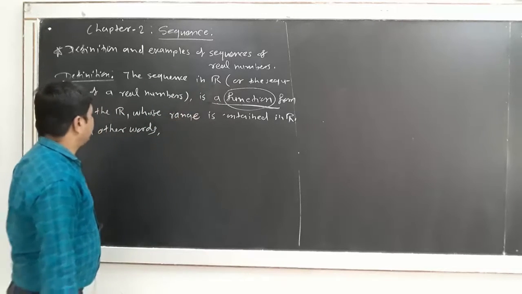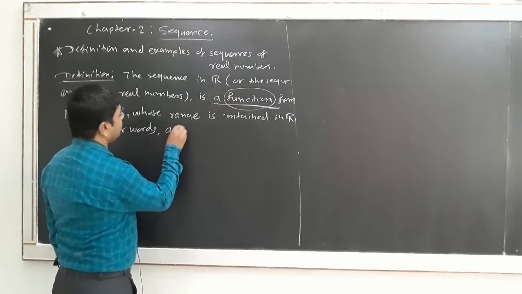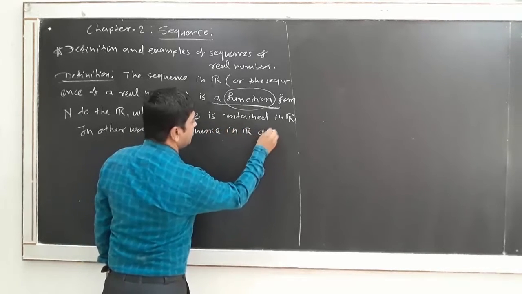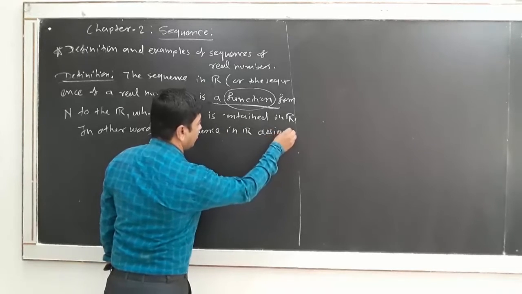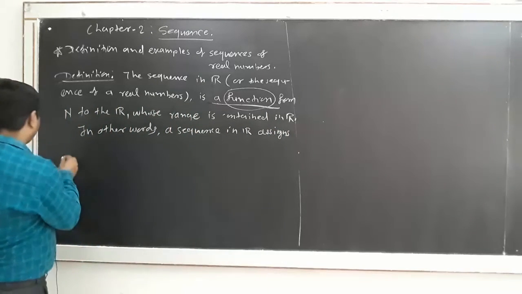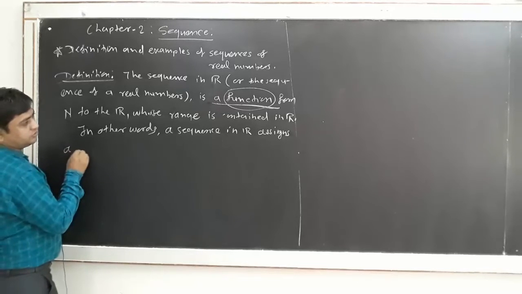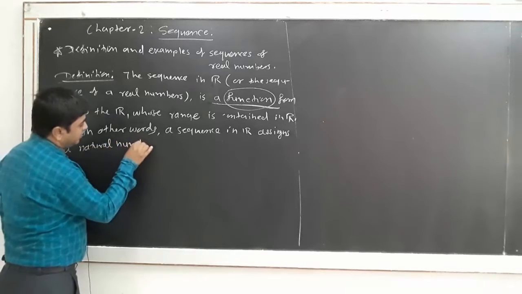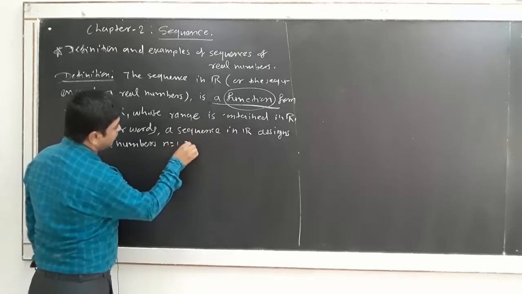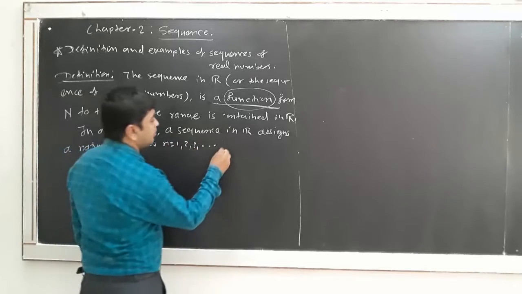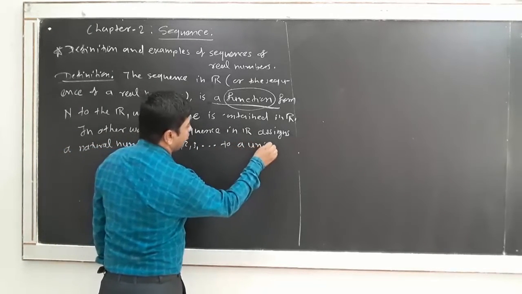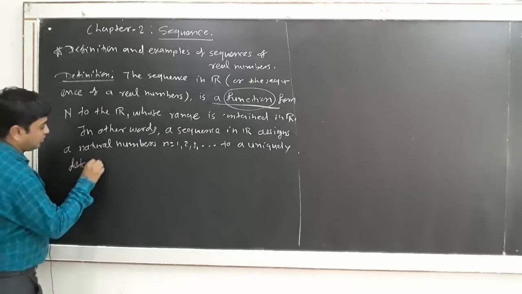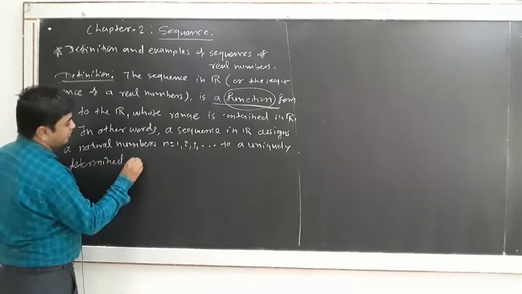That is, in other words, a sequence in R assigns a natural number n equal to 1, 2, 3, and so on to a uniquely determined real number.